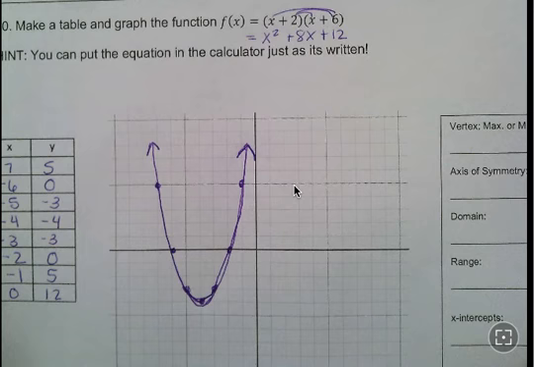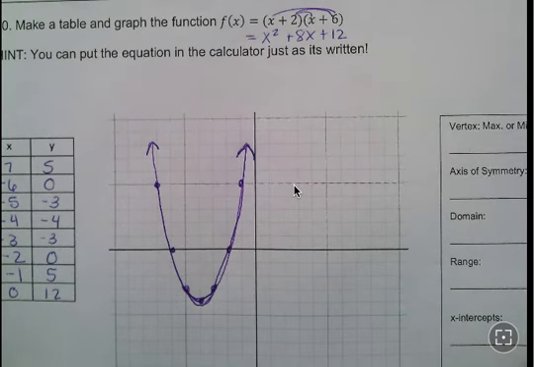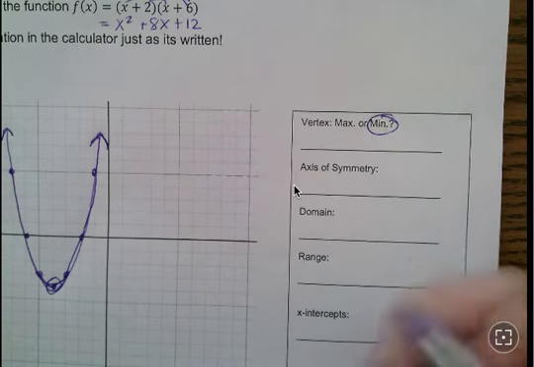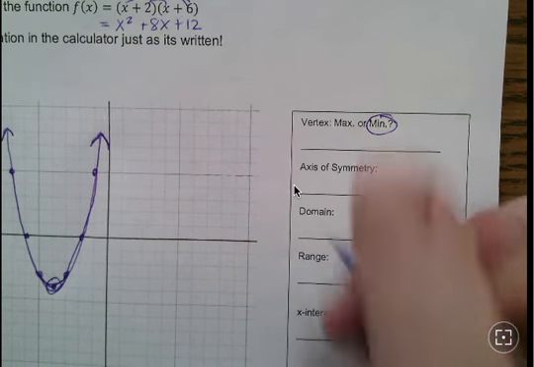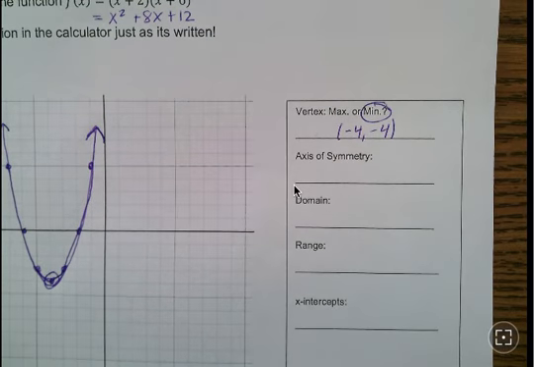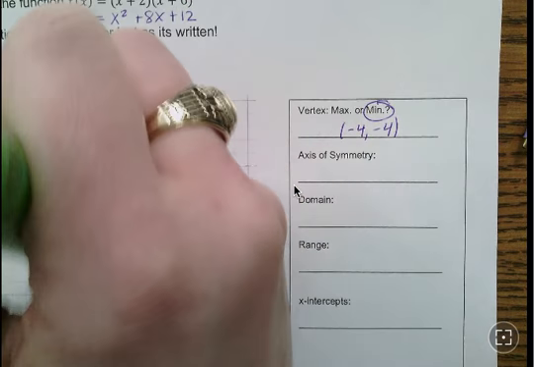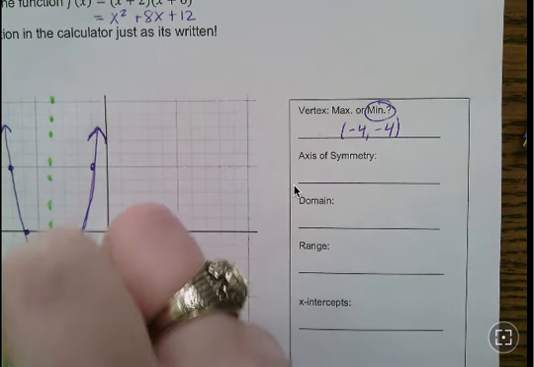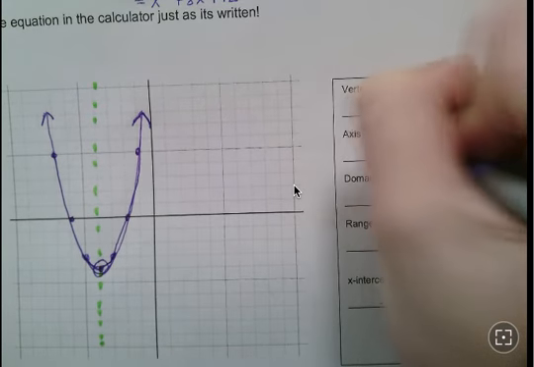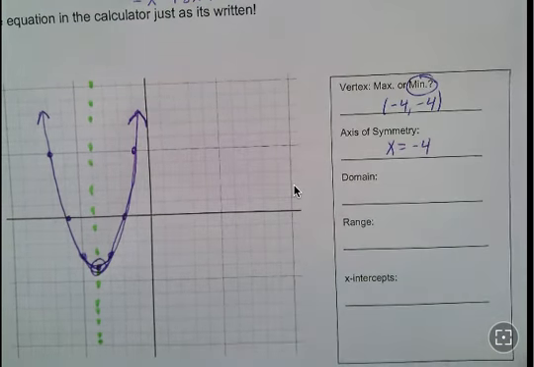Anyway, let's go ahead and fill in this box before we talk about why this is called intercept form. Hopefully you see by now this has a minimum. That minimum is at -4, -4. The axis of symmetry is going to go right down the middle here, and that's at x equals -4.